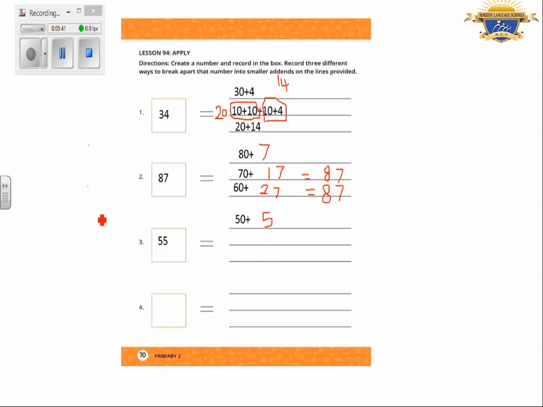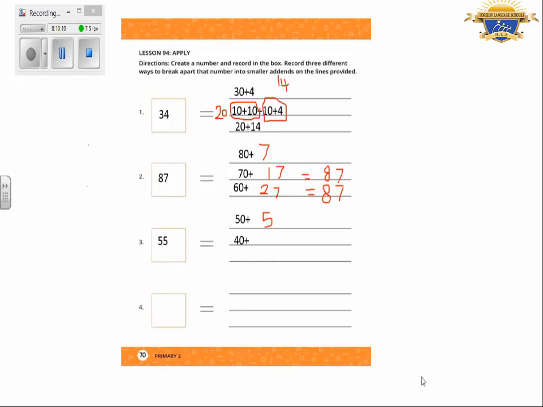The second way I will do is, we said that we will take 10 from 50 and move this 10 to the ones. So we will add the 10 to the ones column, so I will get 15 instead of 5.